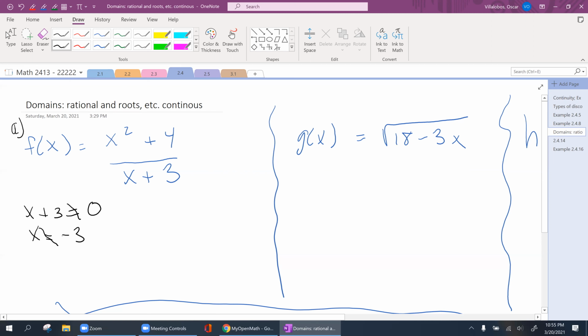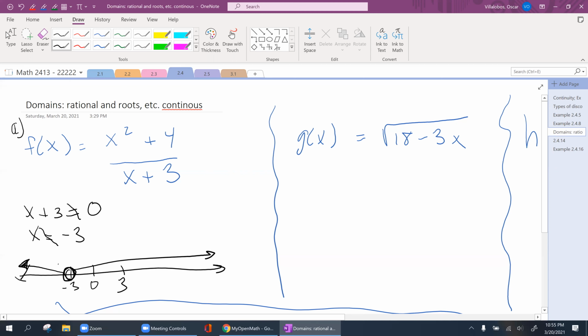It's able to be anything it wants, except that. So your domain in interval notation, as a refresher, you may want to draw the number line. You cannot be that, but you can give me anything to the left of that or to the right of that.